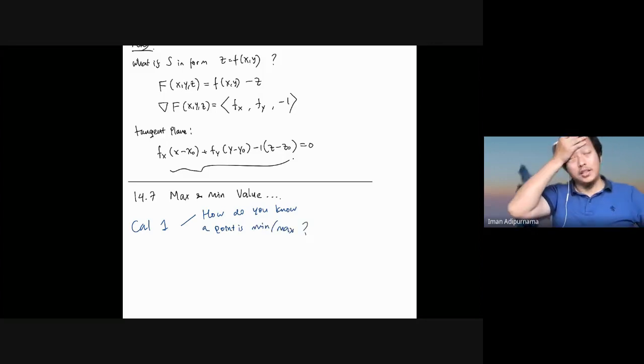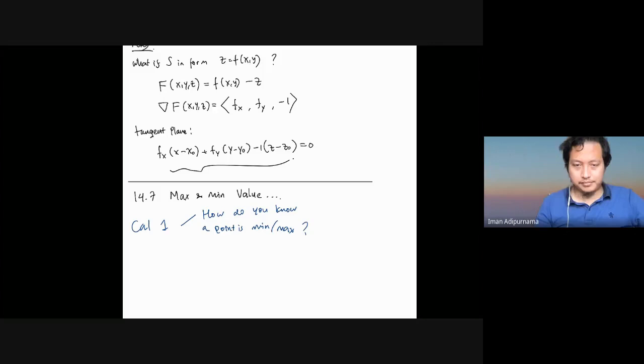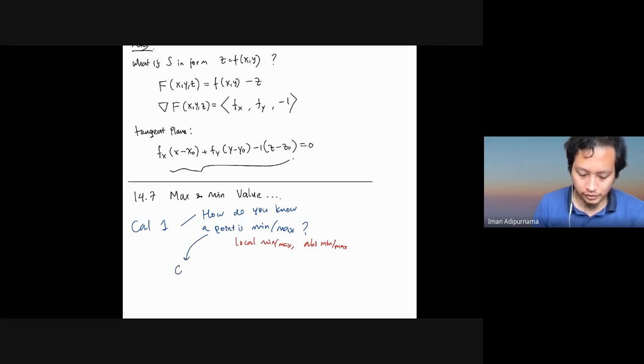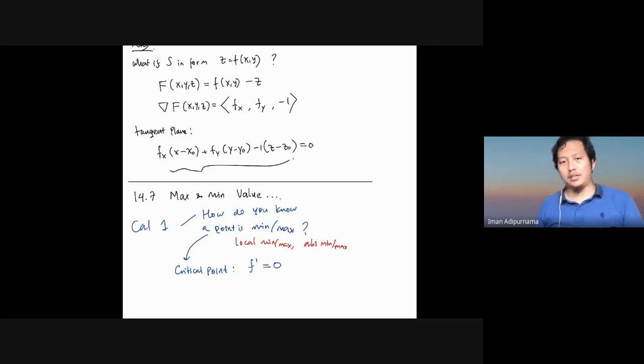This is the first thing that we need to define. Or you can say it's a local minimum or maximum, or absolute, right? We have the absolute one. But let's just take the general maximum and minimum, the local one. So we find the point if we know the critical point, right? The first is the critical point, when the first derivative equals 0, then you can find the critical point.